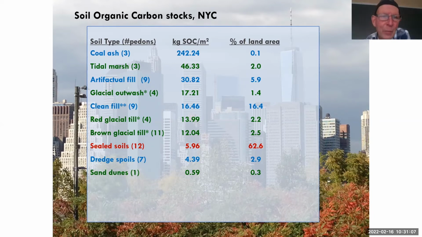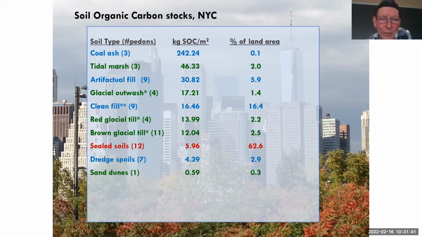It's because they have a very high percentage of black carbon in these soils. They don't take up much of the land area, however, only 0.1%. Next highest are the tidal marsh, okay, 46.33 kilograms soil organic carbon per meter square. They make up 2% of the land area. Okay. The artifactual fill, construction debris fill has got a lot of black carbon in it as well, and that's got a pretty high value.